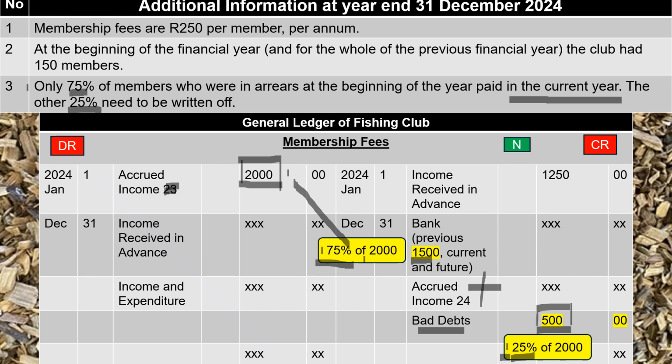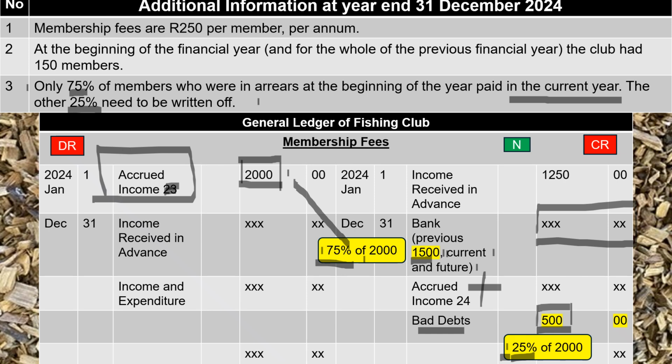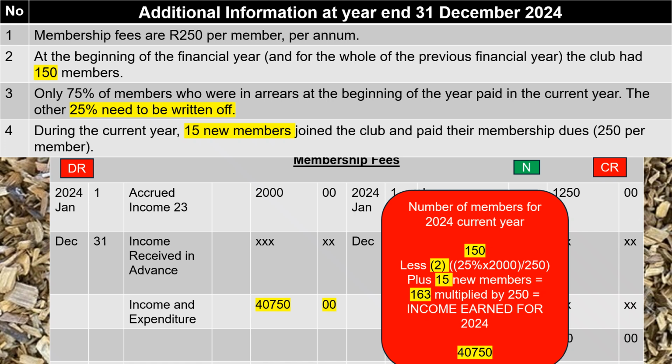So I haven't put this 1,500 into that amount yet because we want the money from the previous year, the current year, and what we've received from members, which relates to next year, the future. So they are dealt with number 3, and the accrued income, all those members that were in arrears from last year.